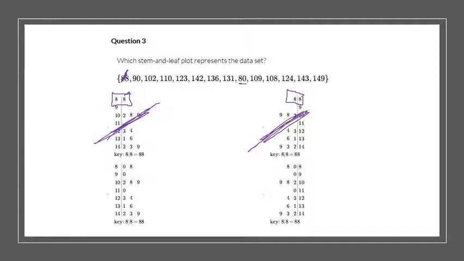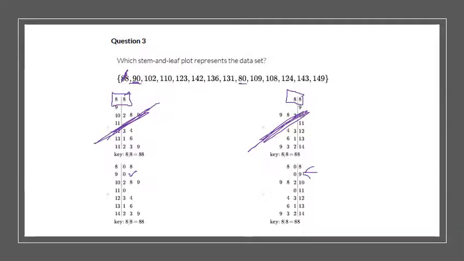Okay, I do see in the 90s, I see 9 with a 0 in the ones place. I see it here. But, woo. Let's fix that. But here, when I look at my stem and leaf plot, it looks really weird.